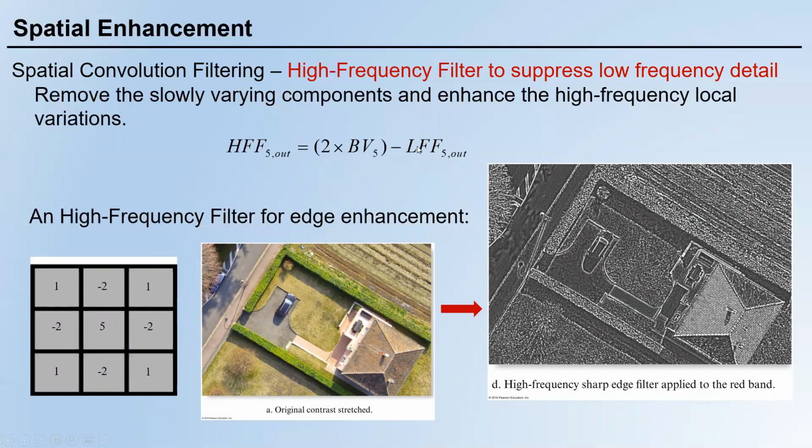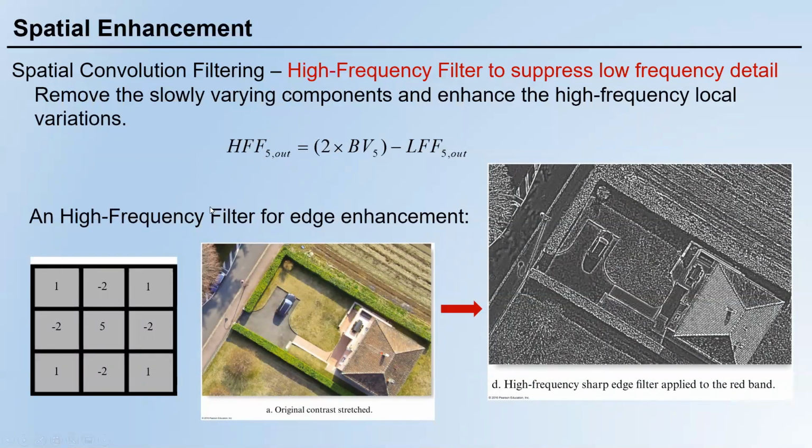And because it's LFF, it means that it's the low frequency filter. You can multiply each pixel's original value by 2, and use that result to subtract the output of the low frequency filter. Of course, the value after the low frequency filter for the same pixel, and the result is the high frequency filter.